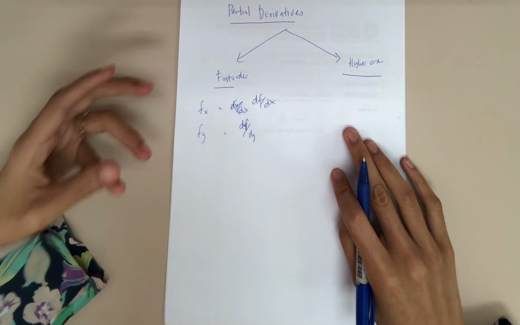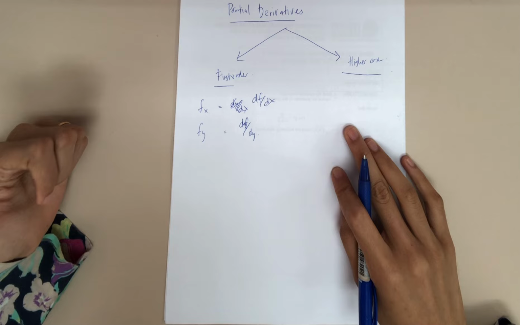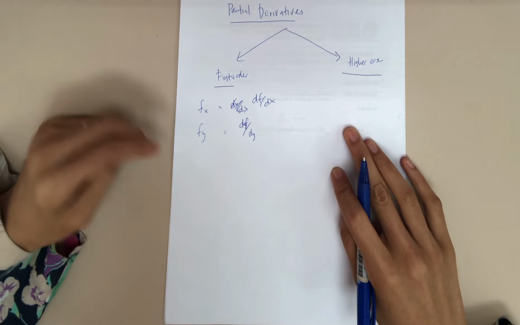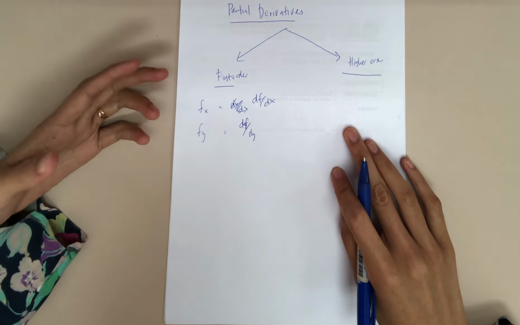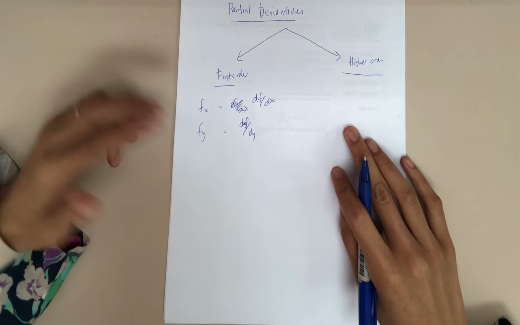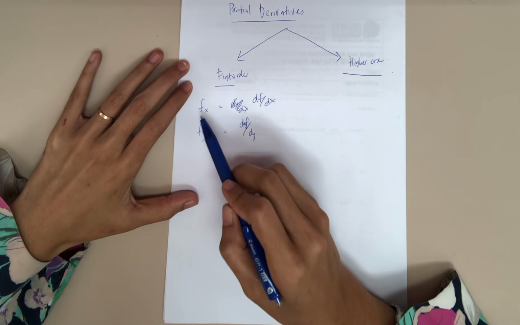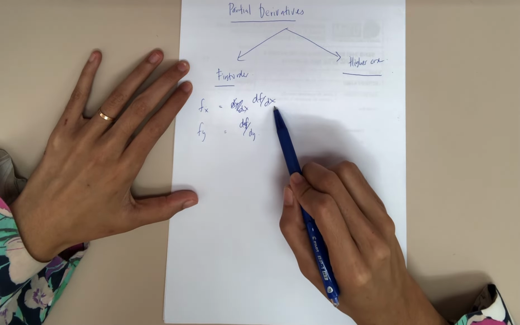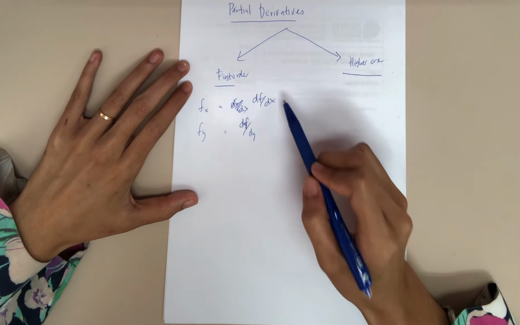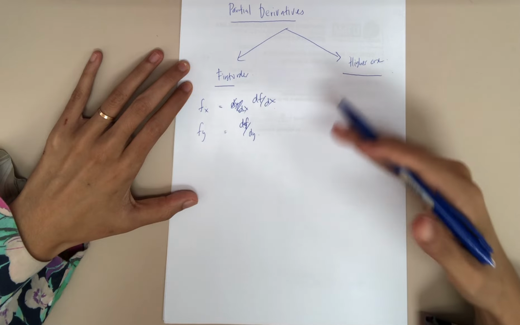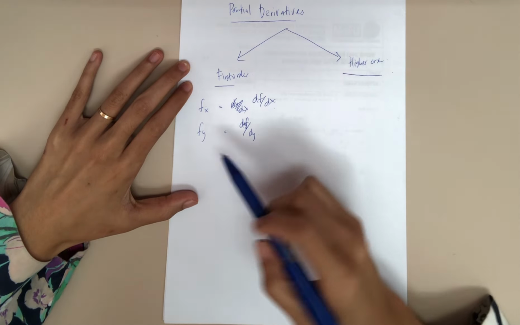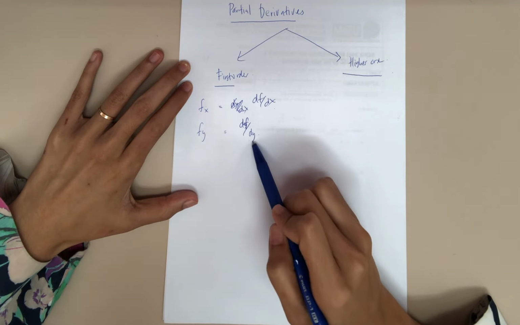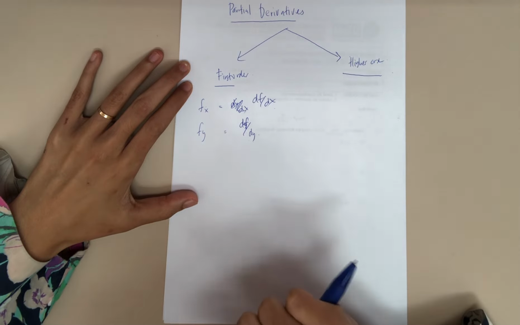So fx means you differentiate your function with respect to x, and fy means you differentiate your function with respect to y. We can also write df/dx, meaning your function is f and you differentiate with respect to x. Same for df/dy, with respect to y.